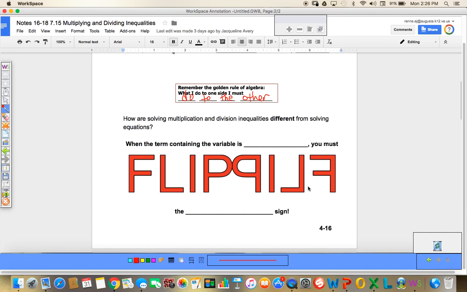Okay, now here's how solving multiplication and division inequalities are different from solving equations. When the term containing the variable is negative, you must flip the inequality sign.